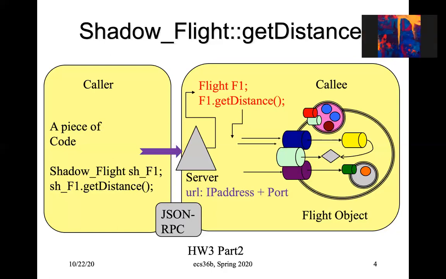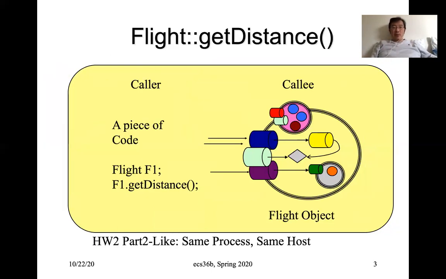It was created in advance. Think about it this way: if I'm going to have an object called flight, this object must already exist somewhere. In homework 2, you must have somewhere in your code, before you can call F1.getDistance, already created that F1.